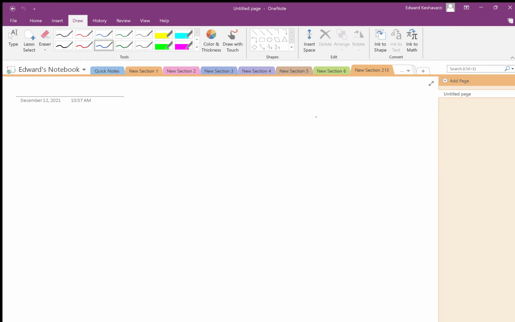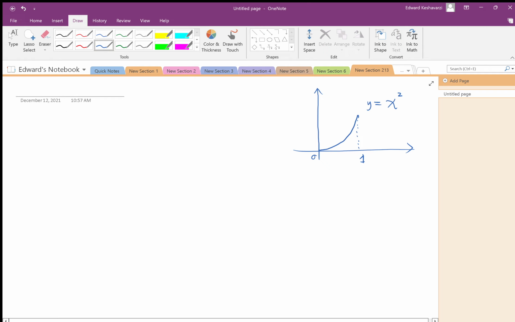So consider y equals x squared from 0 to 1. First, I want to revolve it about the x-axis. So v about the x-axis would be pi integral from 0 to 1 y squared dx.